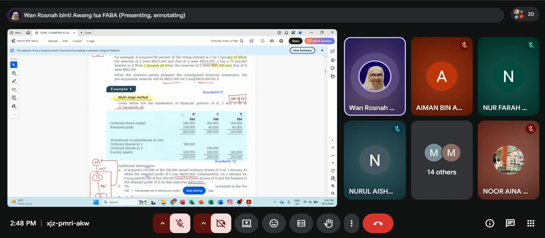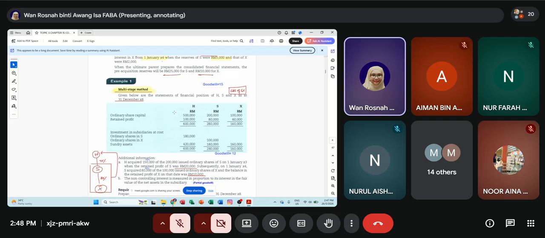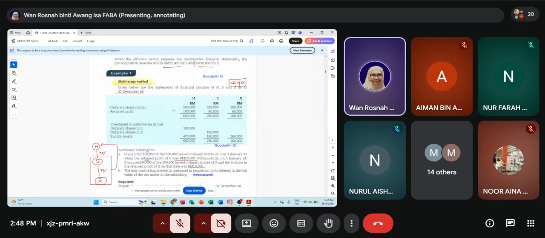Given below are statements of financial position of H, S, and X, right? We call it a consolidated balance sheet here because you have ordinary share, retained profit, and investment at cost. So here is the statement of balance sheet of H, S, and X at 31st December 2008.